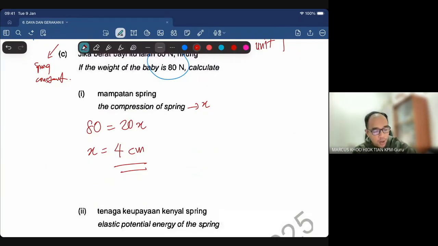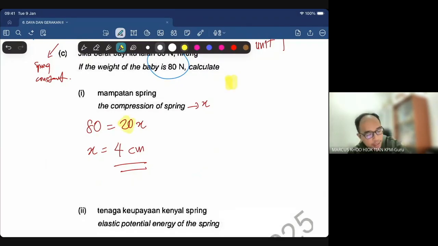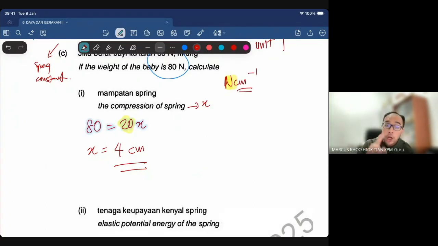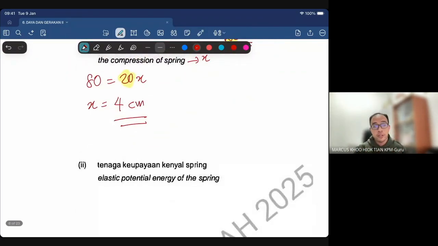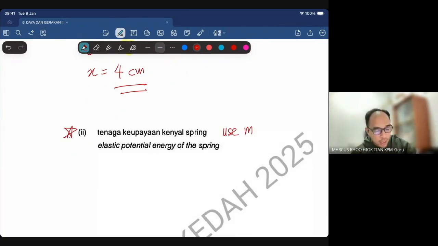Why? Because our K is newton per cm, and not newton per meter. So be very careful about this. But what is more important is the second question, the elastic potential energy of the spring. This one, you must use meters. The unit for all forms of energy, like potential energy, is joule.